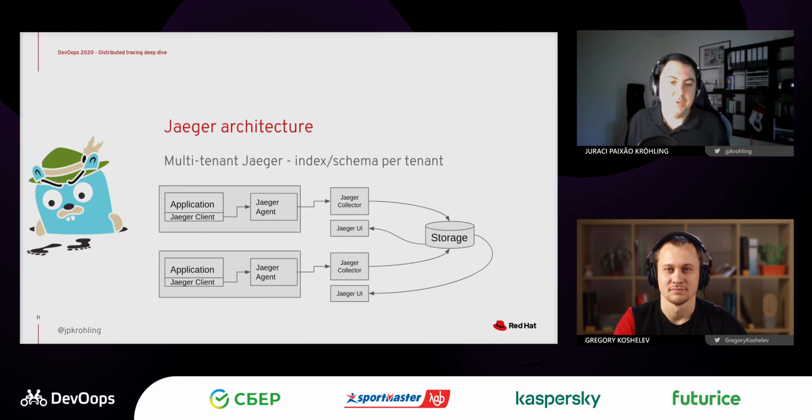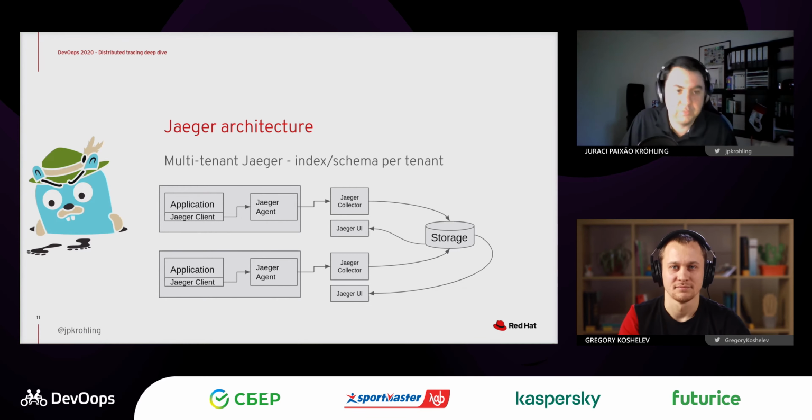You still have one instance of Jaeger per tenant. And I think today it is quite acceptable because Jaeger itself is really, really lightweight. Right? You've seen that the collector was taking less than 10 megabytes of memory. The agent also takes less than 5 megabytes, so it's really lightweight.